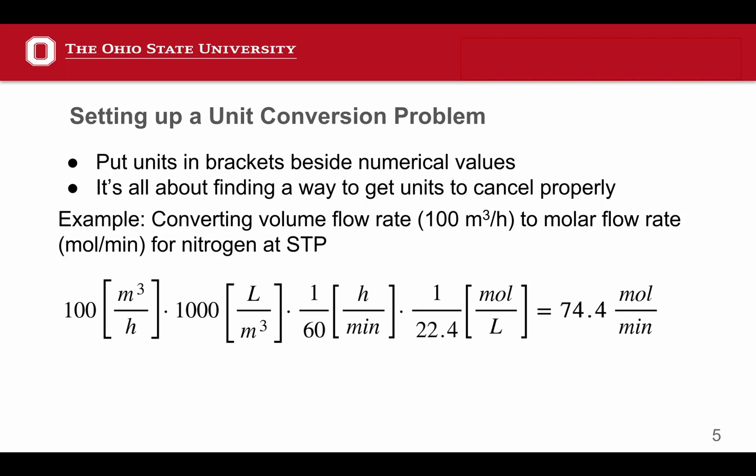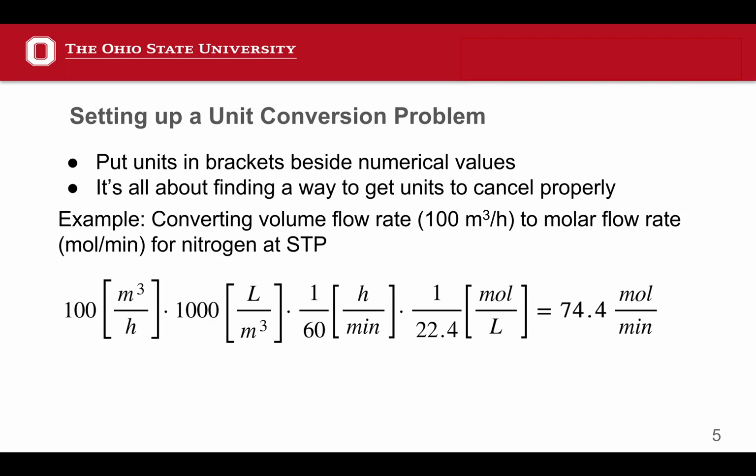The example here is of converting a volume flow rate to a molar flow rate for nitrogen at STP. We're told the units in which we want our final answer to be. The first step here is to recognize that you can use the conversion factor of 22.4 liters per mole for a gas at STP, which hopefully you've seen in Gen Chem.